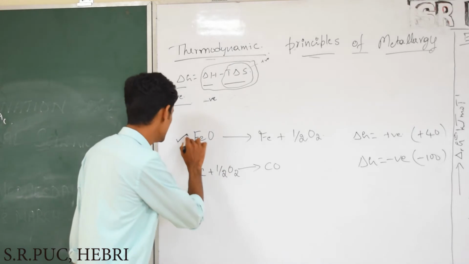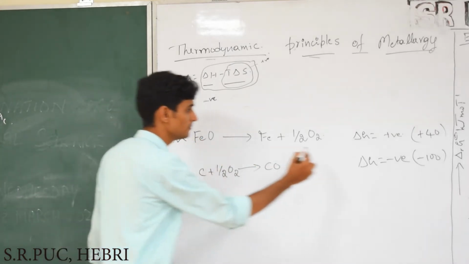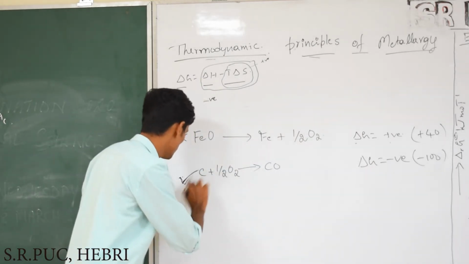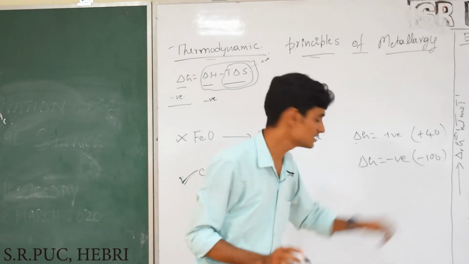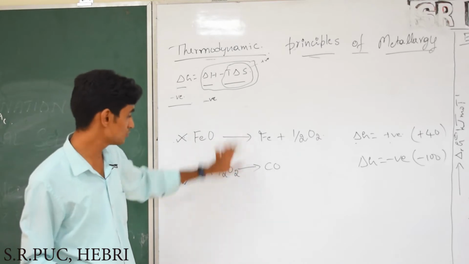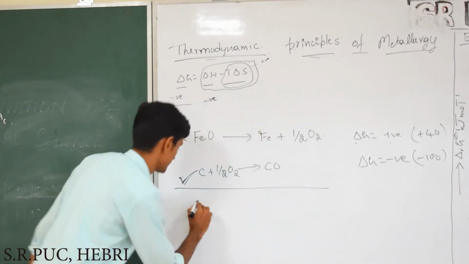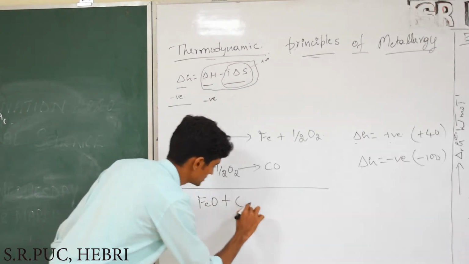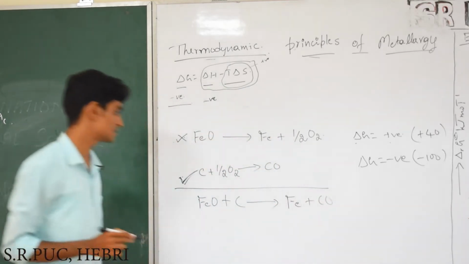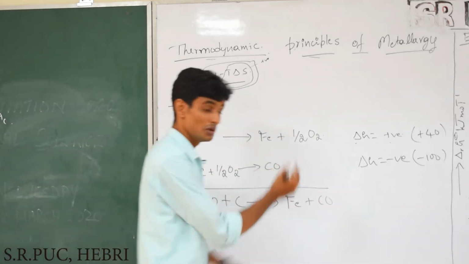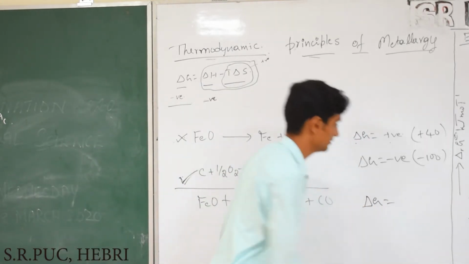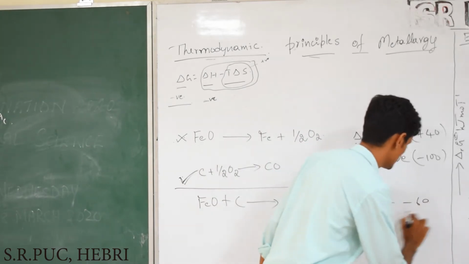Now this reaction will not occur as it has delta G positive, and this will occur because delta G is negative. Now if you couple these two reactions, what will you get? FeO plus C gives Fe plus CO. When you couple these two reactions, the delta G values should also be added. Now you will get minus 60.